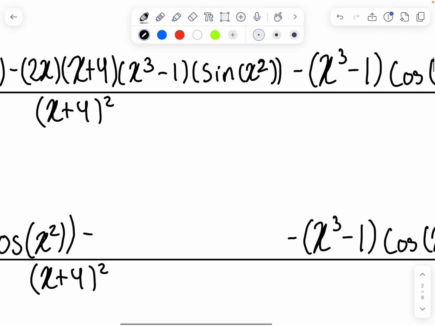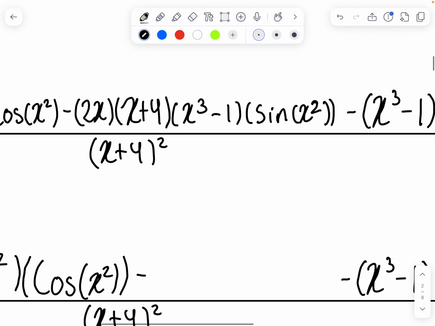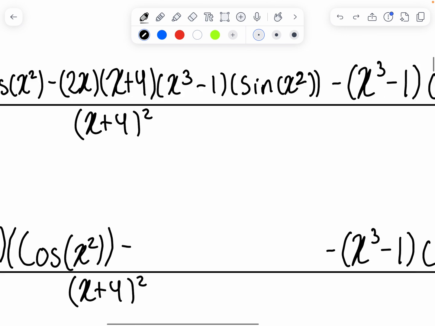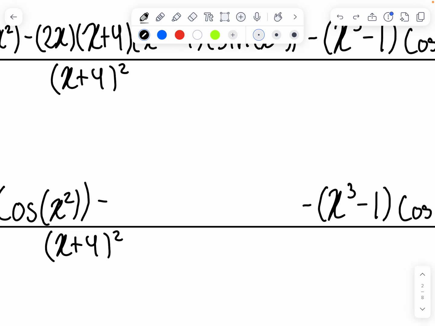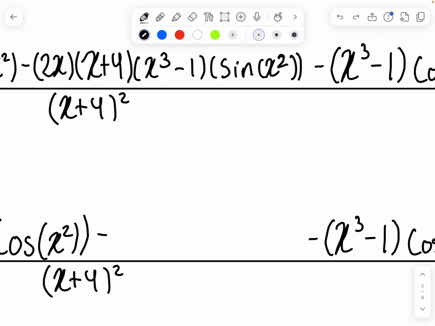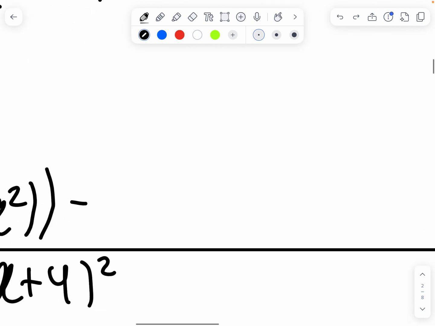Minus, and now what two terms? These are the two terms getting multiplied.